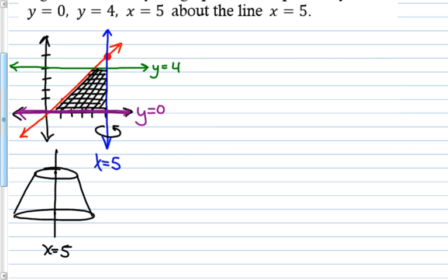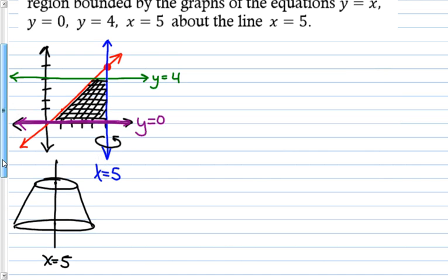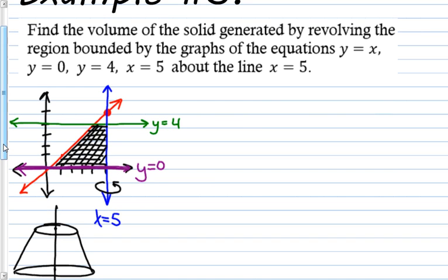Okay, so in order for me to figure out what the equation is, we're going to have to go back to finding the area underneath the curve. Now, if you notice, this is a lot nicer if we use y equals 0 and y equals 4 as the limits, right?